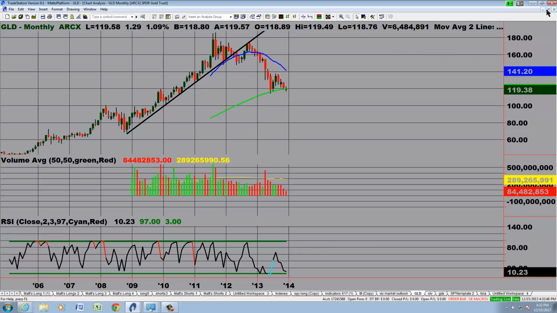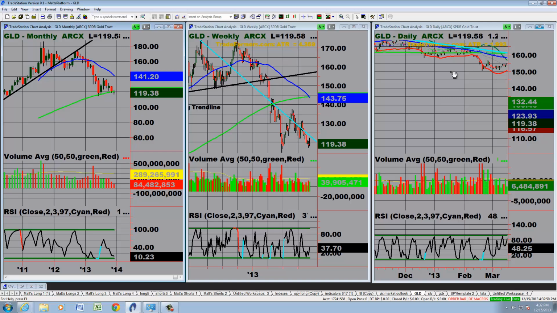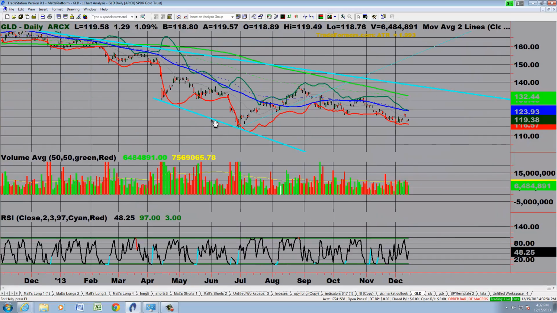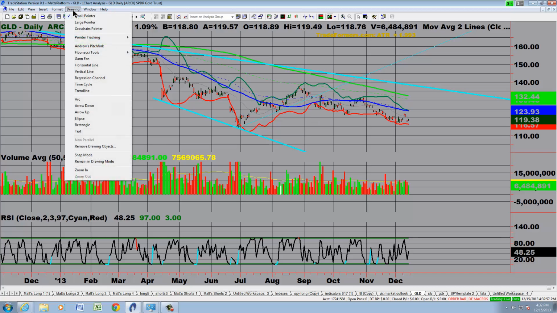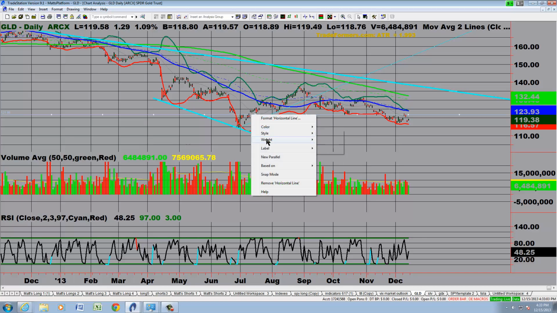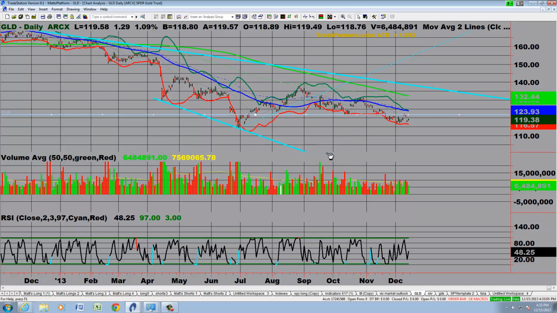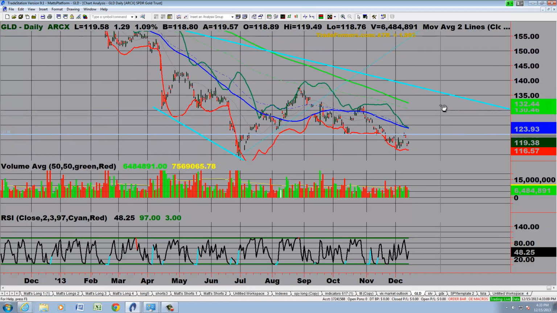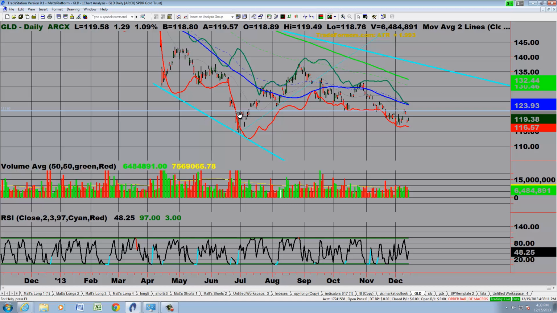Now again, if we take the count on the gold chart, let's take a look at the daily chart. I'm going to put in a horizontal line here, which is an important support level. This level in gold is sort of a swing level.